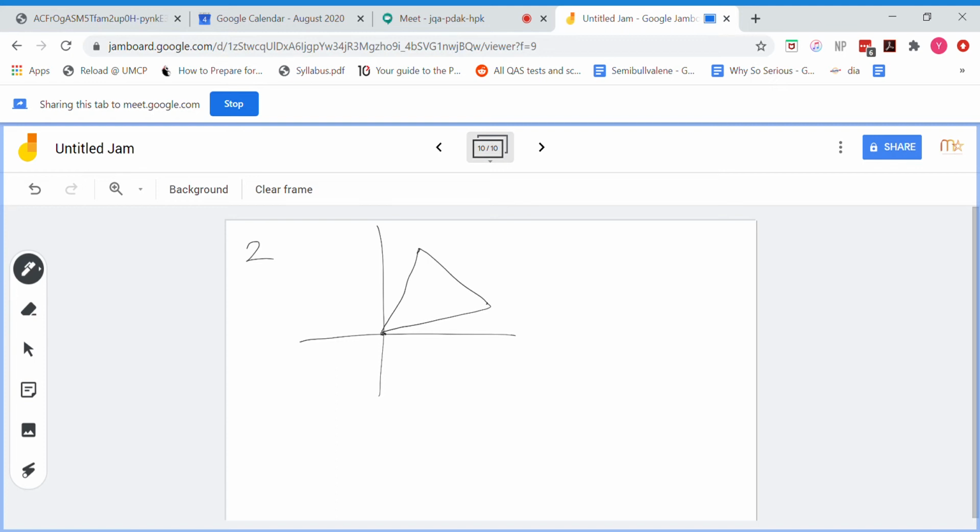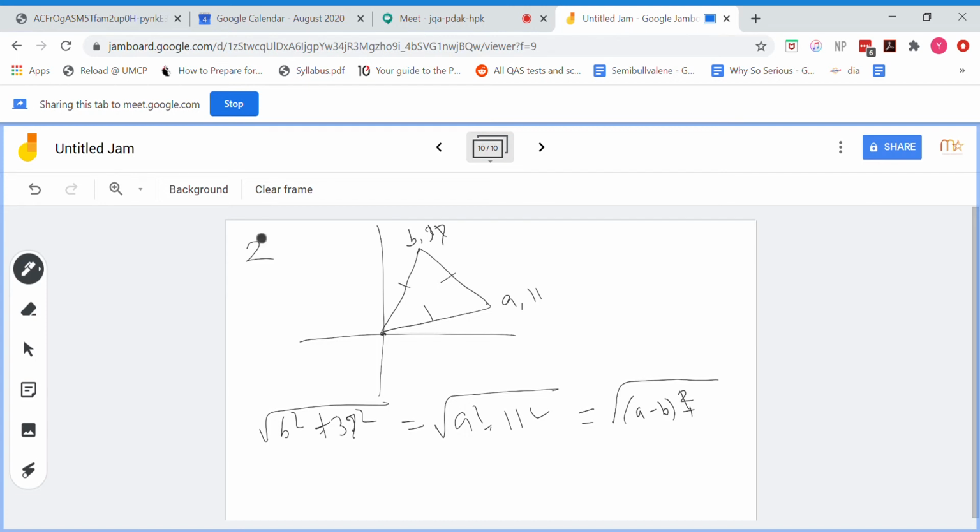So if we were to try simple geometry, then one thing we might try is to write that all the sides are equal. So we have the distance from (b, 37) to the origin, which is obviously the square root of b squared plus 37 squared, equals the distance from (a, 11), which is the square root of a squared plus 11 squared, equals the square root of (a minus b) squared plus 26 squared.